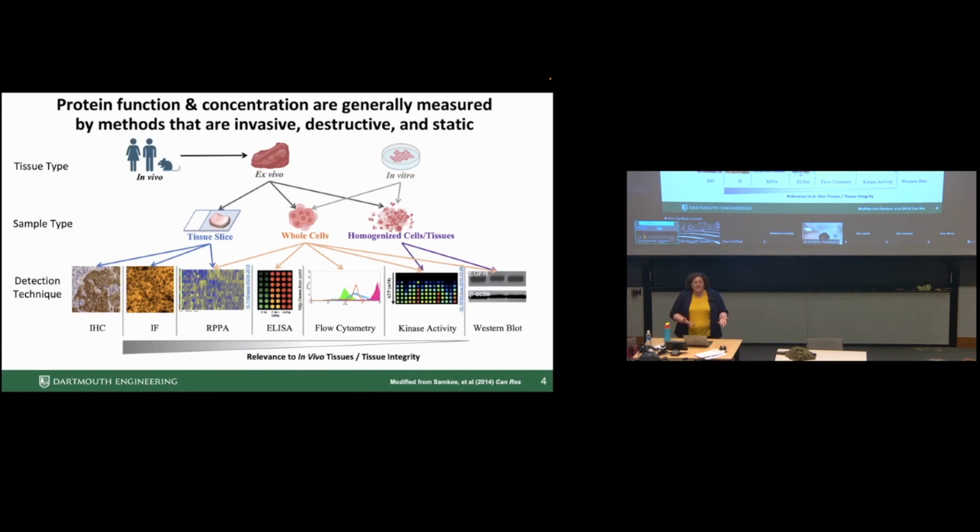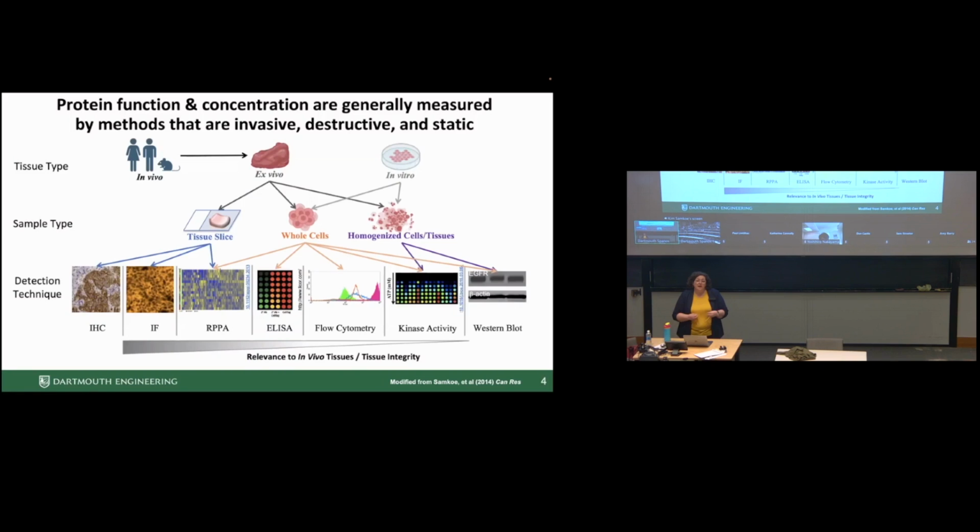But the problem with this is that it's a single sample. It's highly invasive. You actually have to go surgically or with a biopsy needle into a patient and physically remove tissue, which increases chances of bleeding, it increases chances of infection, and then you're only getting a single time point snapshot of what that protein would look like. Also spatially, we're taking a very small sample of the tissue, and tumors can be quite large.